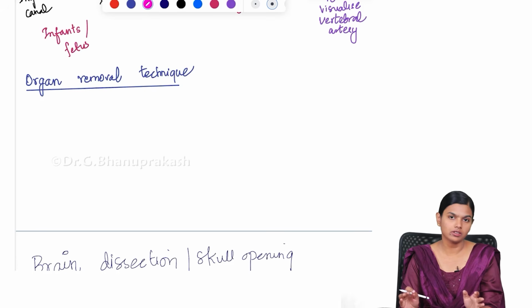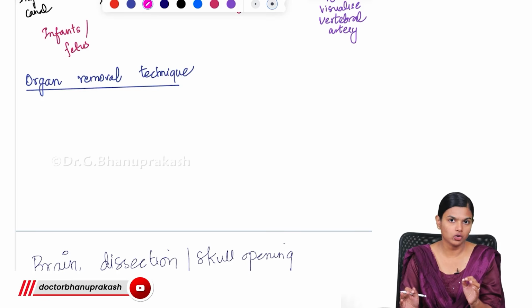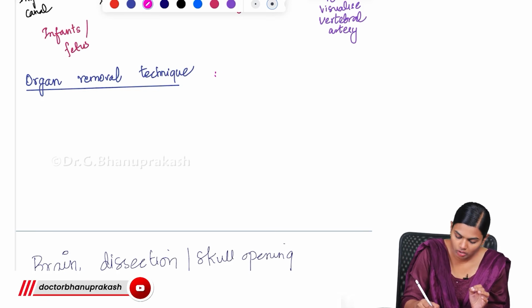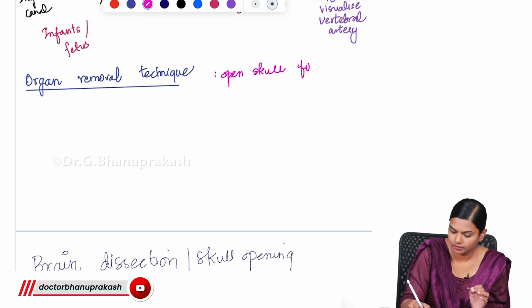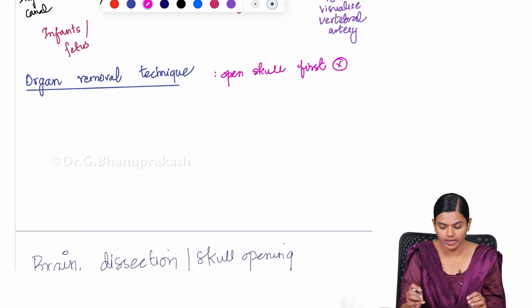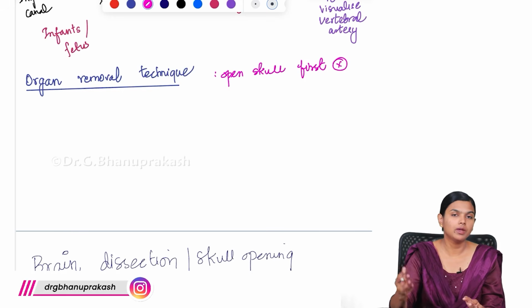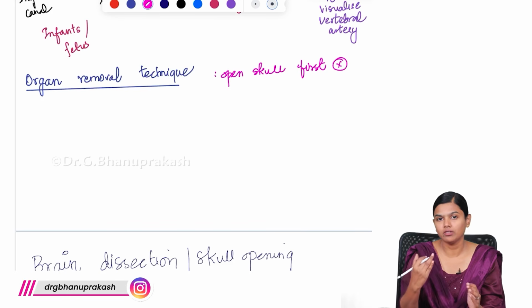There is one rule that is usually followed: you have to open the skull first. Why is that? If there is any poison, you will be able to appreciate it more readily from the skull.